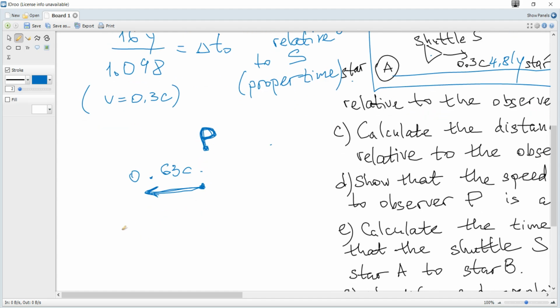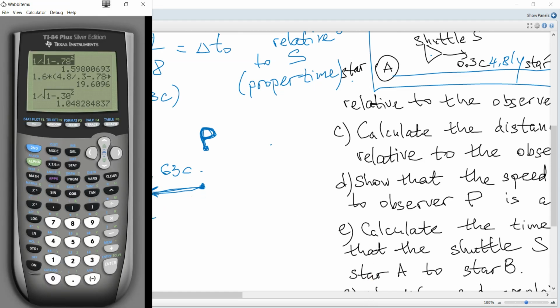And P will measure dilated time, and dilated time we should multiply by gamma, but gamma calculated for 0.63, and it's 1.288.